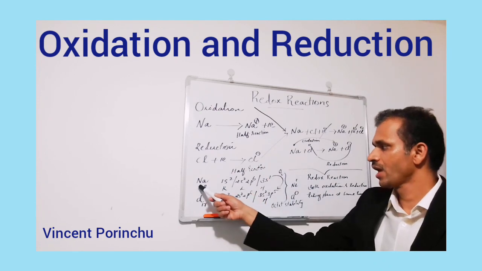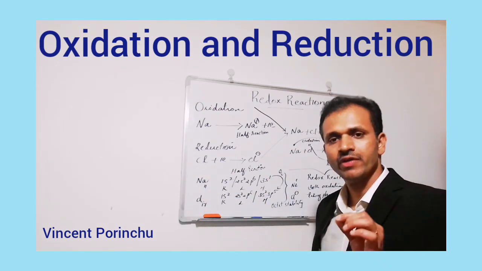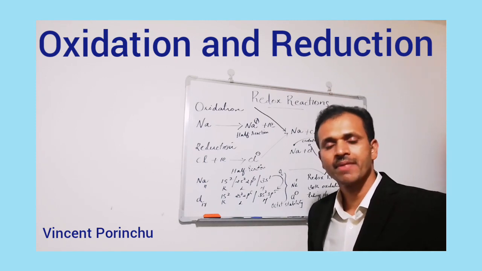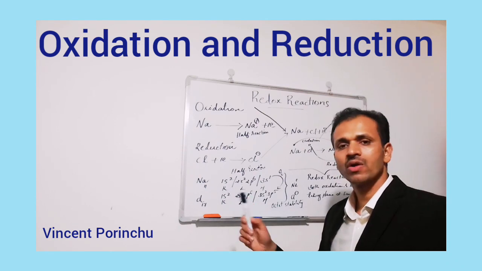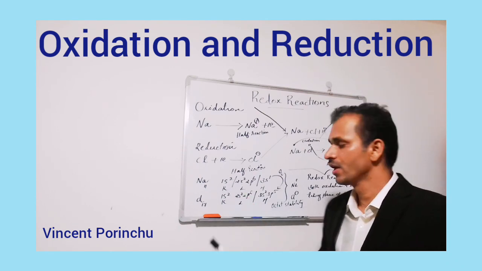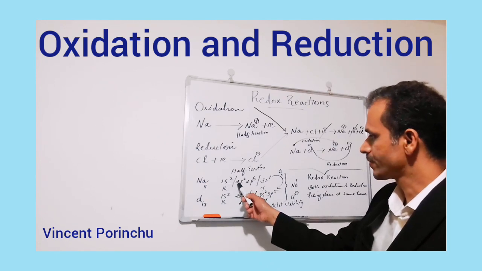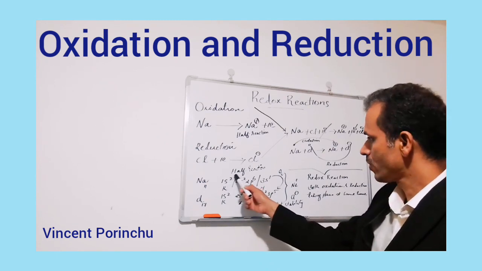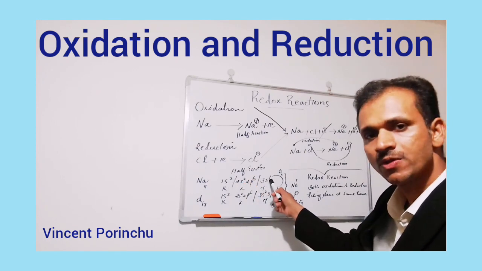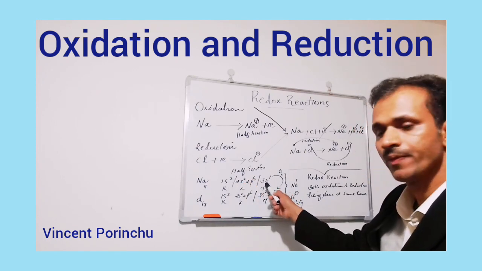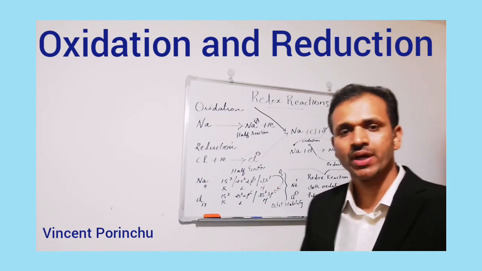The atomic number of sodium is 11, so we can write its electronic configuration as 1s2, 2s2, 2p6. There are 10 electrons, and the last, outermost electron goes into the M shell, the 3s1 orbital.